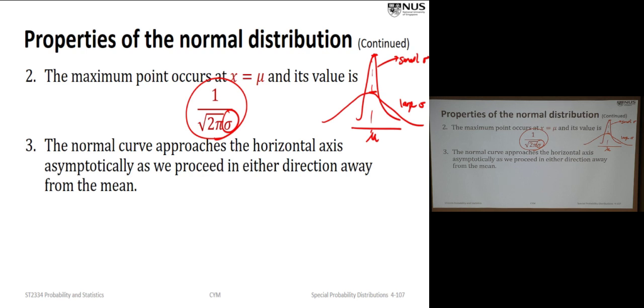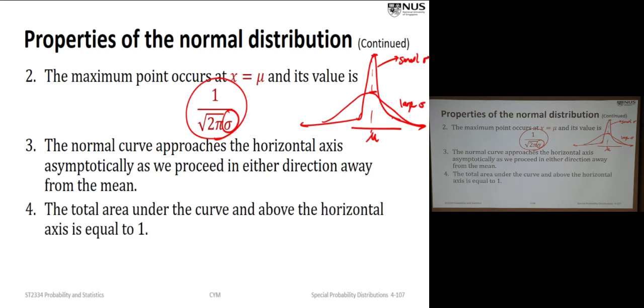The normal curve, that means the PDF, has the property that it approaches the horizontal axis when x goes to infinity or negative infinity. The tail part gets closer and closer to the x-axis.